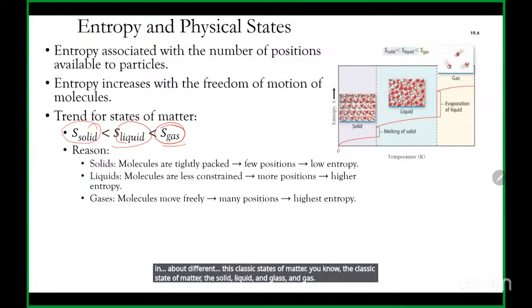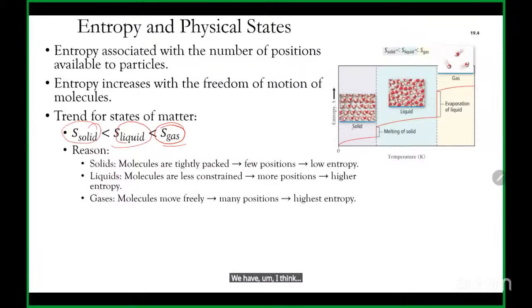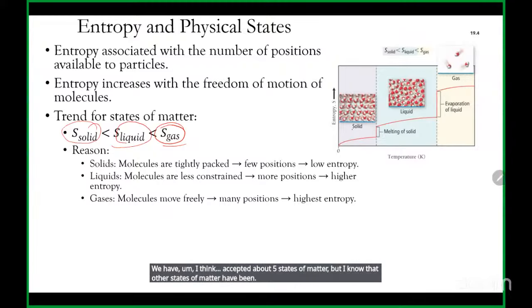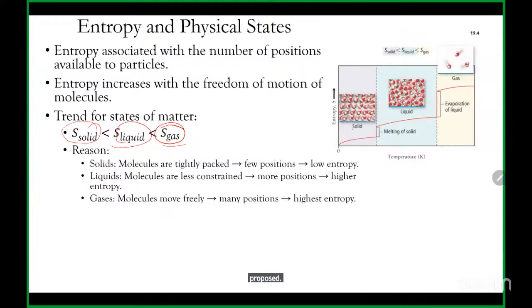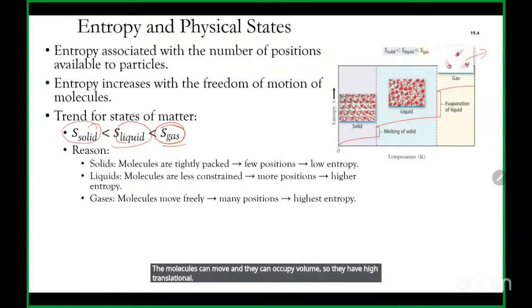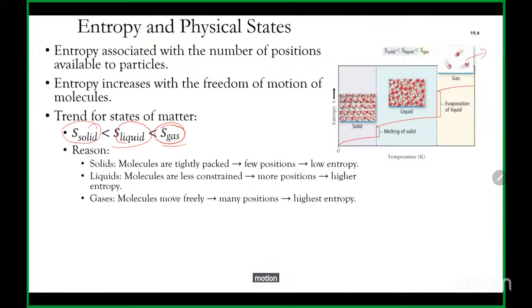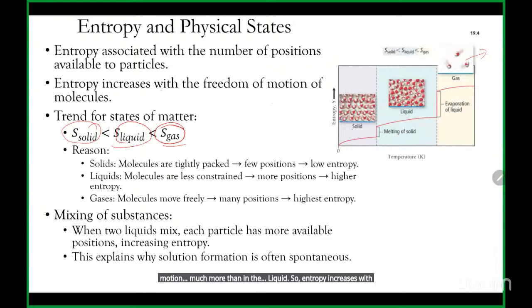We have accepted about 5 states of matter, but other states have been proposed. In gas, the molecules can move and occupy volume. So they have high translational motion, much more than in the liquid. So entropy increases with freedom of motion of molecules.